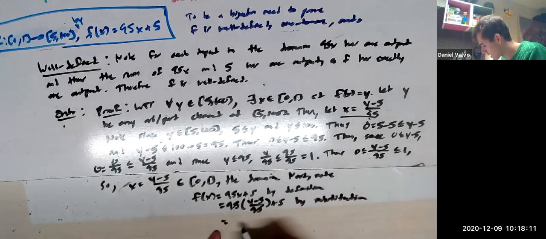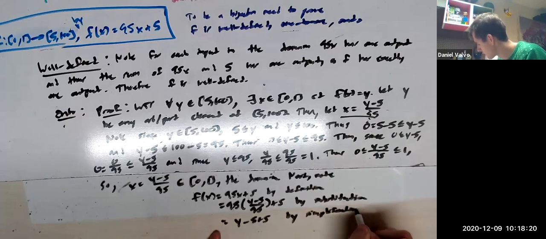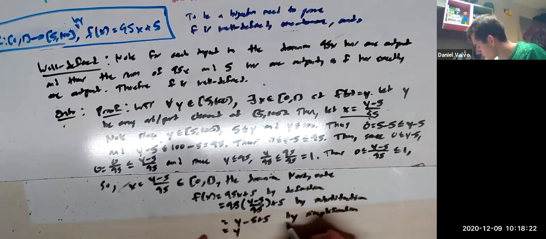And then the 95 is going to cancel out here, so we get y minus 5 plus 5, which by simplification just equals y.